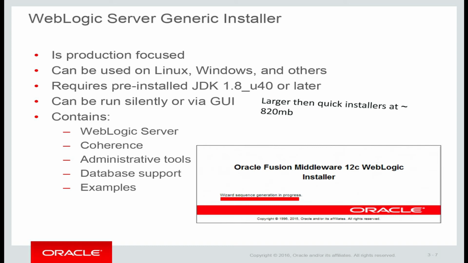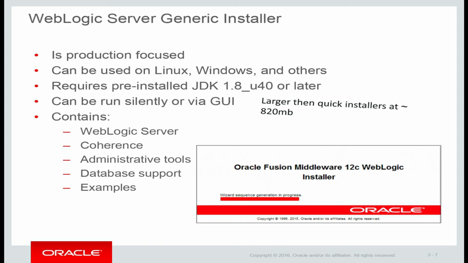So strictly follow that and don't deviate from it. You can go higher: if the document says 1.8 update 40, you can install the latest 1.8 update, like update 40, 50, 100, but don't move from 1.8. 1.8 is the major version. The minor you can change, but don't go below update 40.